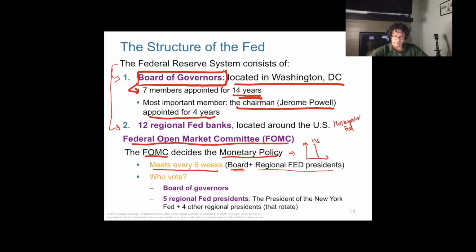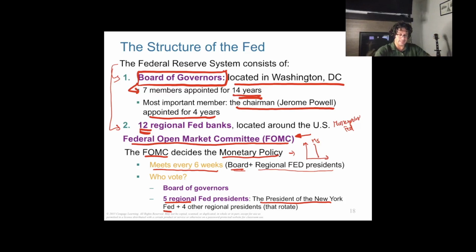Now, of these 5 regional Fed presidents, the president of the New York Fed is always there. Okay? The reason is that the New York Fed is a particular Fed. It's one of these 12 regional Feds. But the trade desk, where the money supply is actually introduced or withdrawn from the system, is in New York.